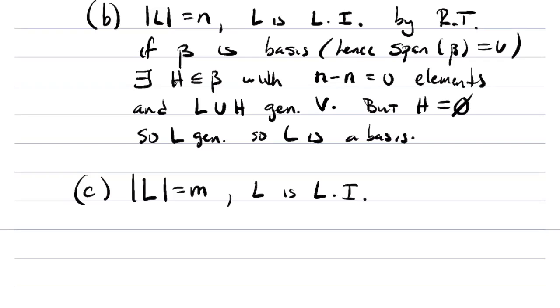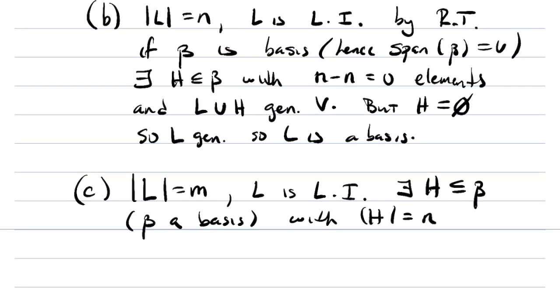Taking our cue from the previous part, there has to be a subset H of some basis, and that subset has n, the dimension of V, minus m elements, and L union that subset still generates V, right?